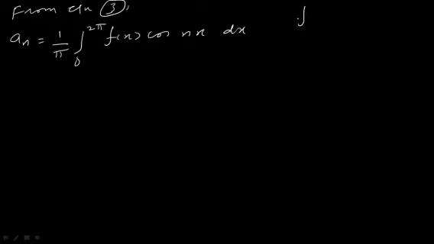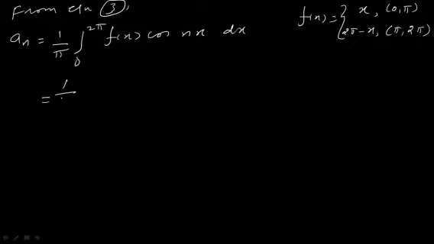As I told you already, f of x is defined in two subintervals. In the first subinterval 0, pi, the function takes the value x, whereas in the second subinterval pi, 2 pi, the function takes the value 2 pi minus x.